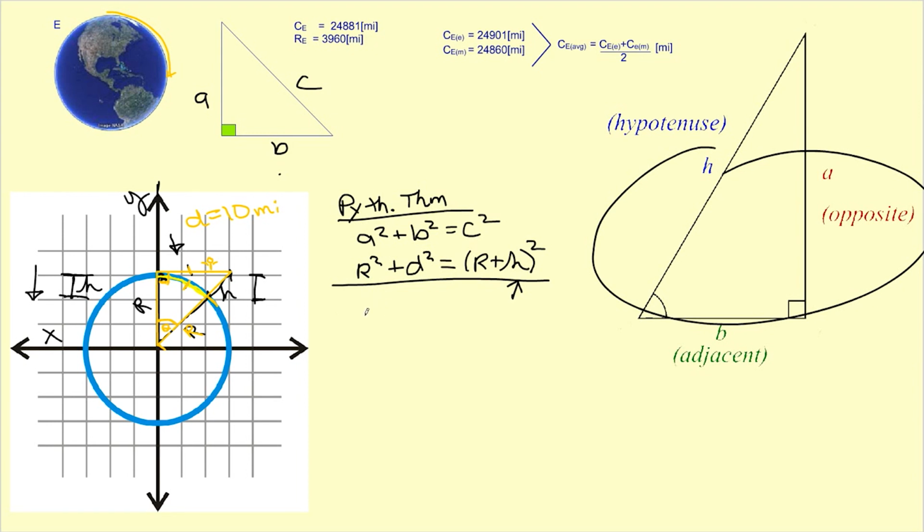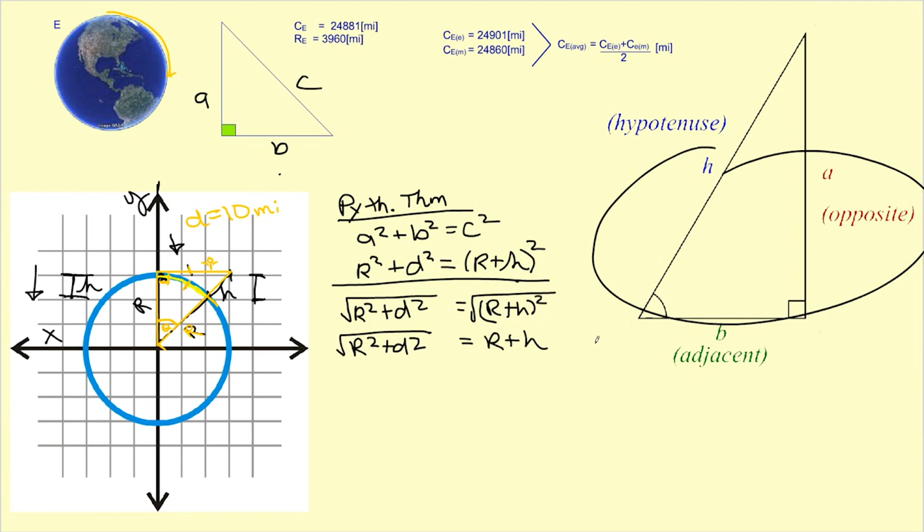So let's take on the left side the square root of r squared plus d squared. You should remember, when you take the square root of a square, the square root of a square is just what's inside the parentheses.